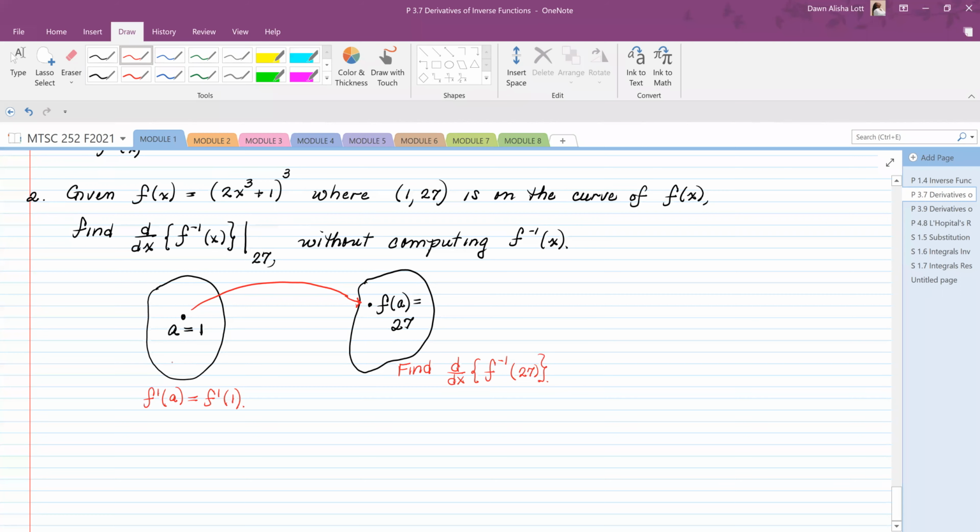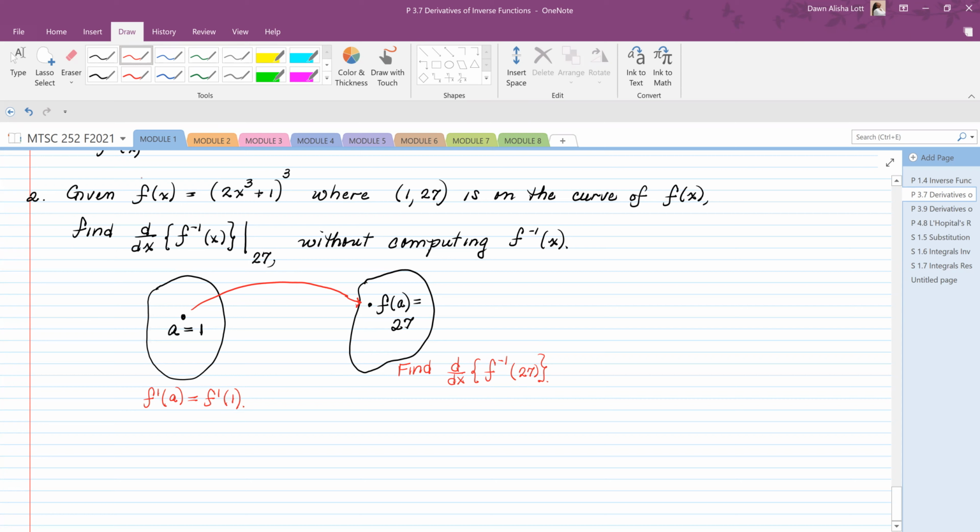So here's the slope of the function at a, which is 1. I'm asking you to find the derivative of the inverse function over here.